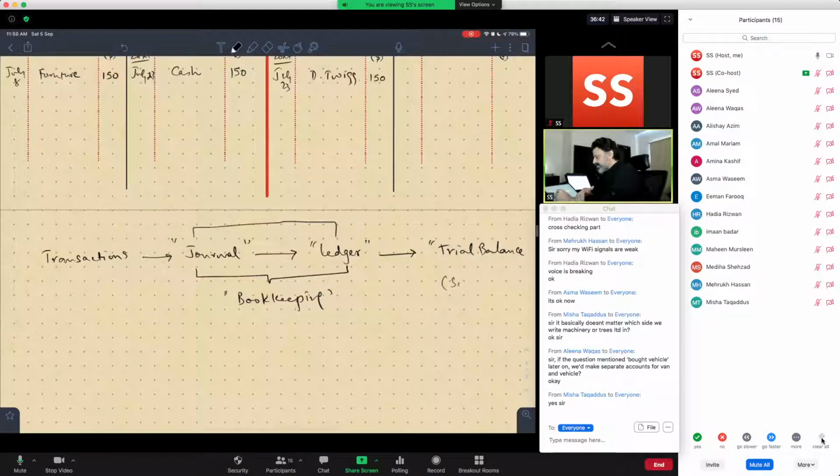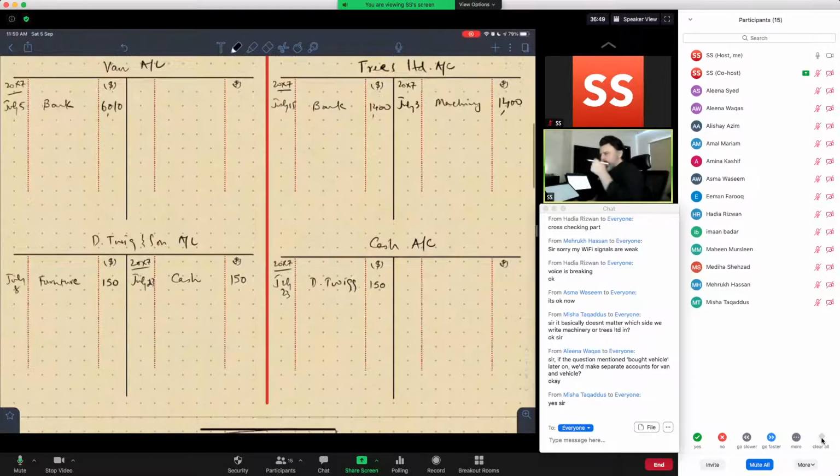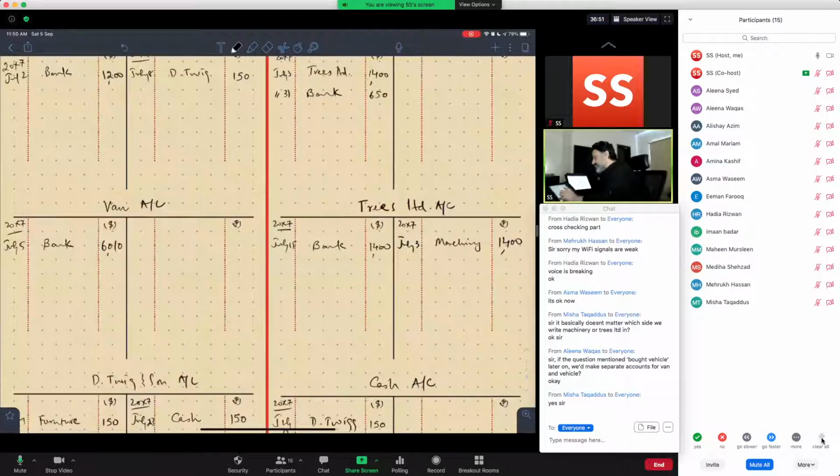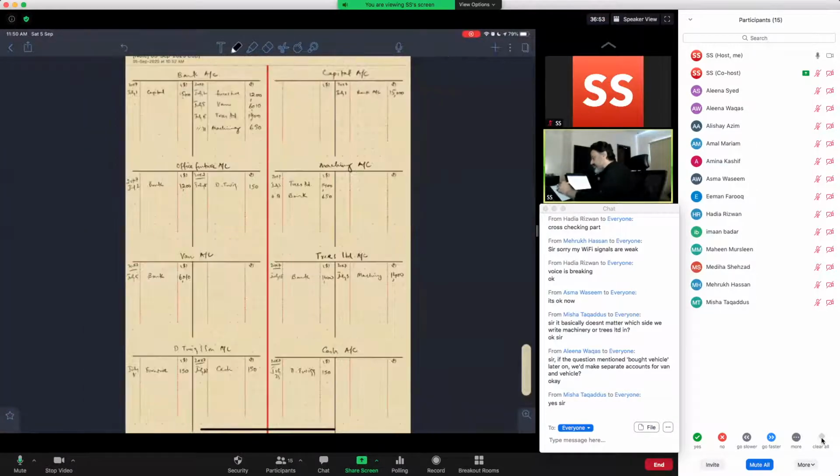This is the summarizing phase, right? Trial balance will summarize 1 month. Now you have to understand that these are all pages of ledger. So in a way, you can say that all of the month of July was posted in the ledger over 8 pages.